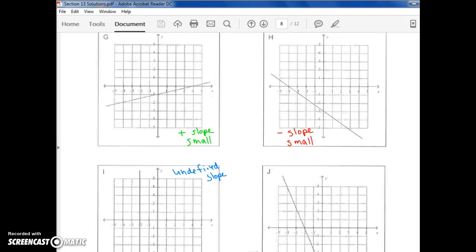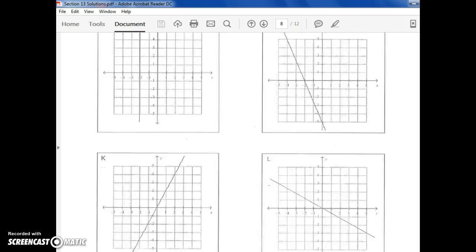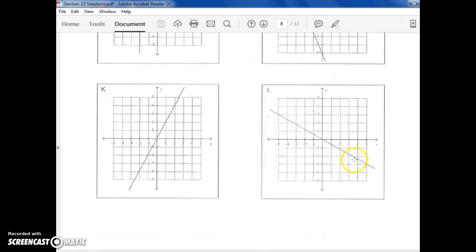Looking at part J, it is a negative slope and super steep, so that's an extreme negative slope. And then K and L are the last two, and K will be increasing, so that's a positive slope. It's moving up as we move left to right.